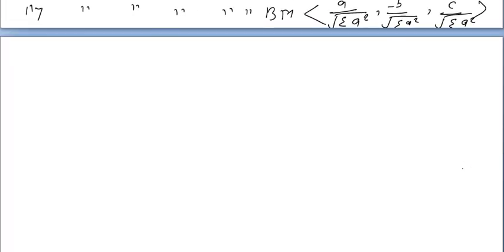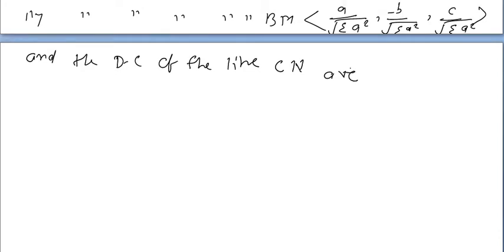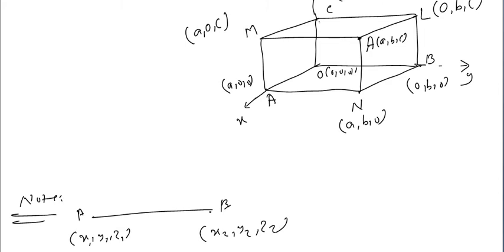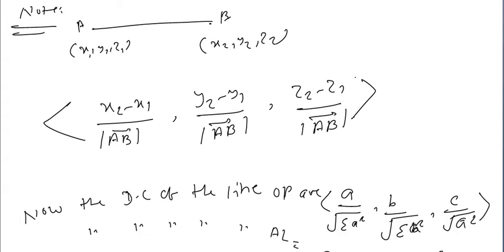And similarly, the direction cosines of the line CN. Just see the figure, where is CN, where is N? C is here and N is here. So the differences are a and b and minus c.